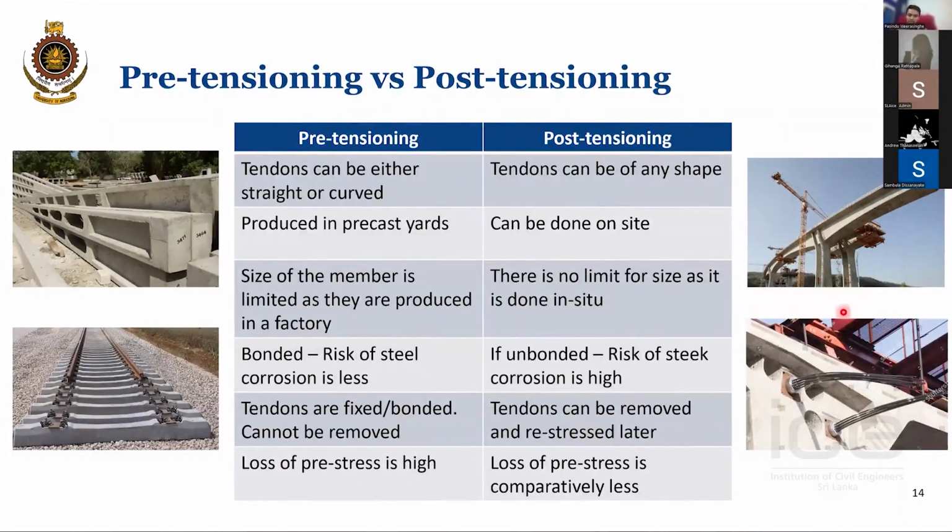Post-tension members, you can remove this anchor and remove the cable and do the pre-stressing again. In pre-tensioning, loss of pre-stress is high because it is bonded throughout the length of the cable, whereas in post-tensioning the loss of pre-stress is comparatively less because it is connected only at two ends. If the anchor blocks are stiff, the loss of pre-stress is comparatively less, but still there is a loss of pre-stress.